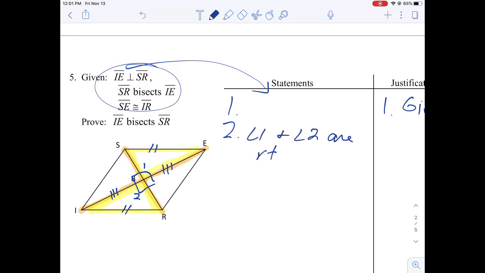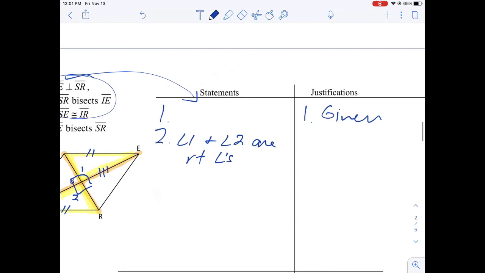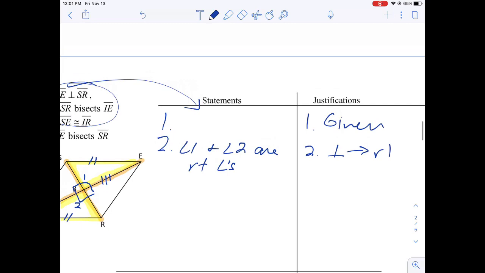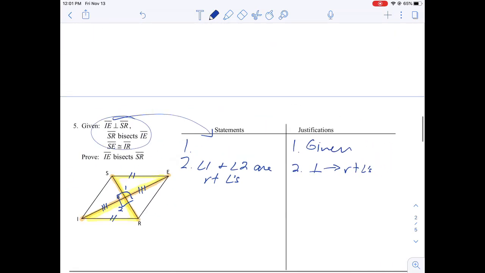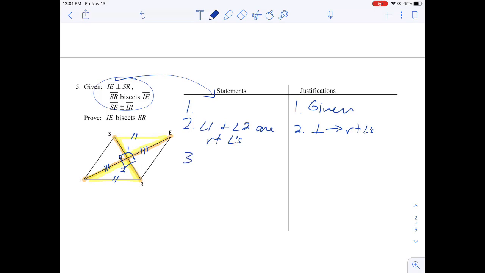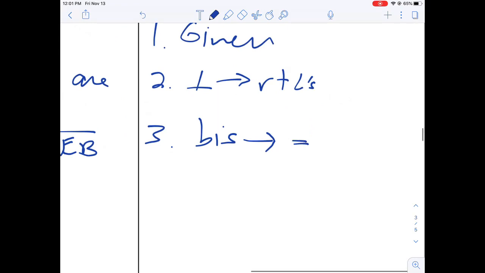So angles 1 and 2 are right angles, and that's because perpendicular implies right. And then what else can we get? We can get IB and EB are congruent. So IB congruent to EB, and that's because bisect tells us that they're congruent. So bisect implies congruent segs.